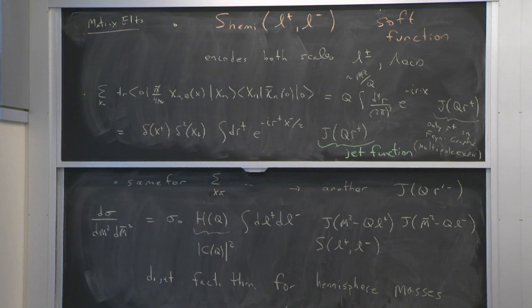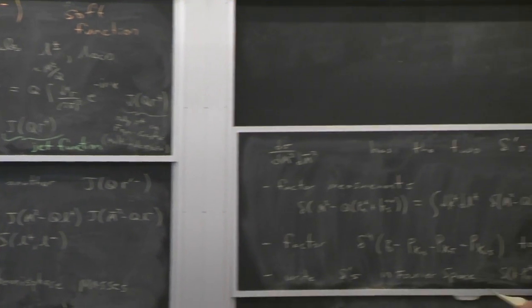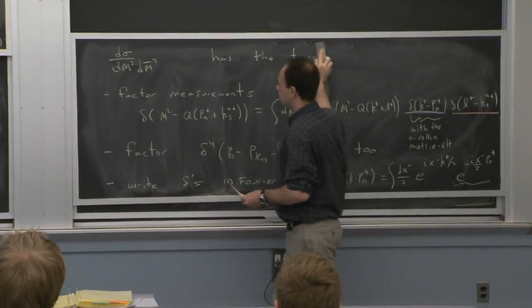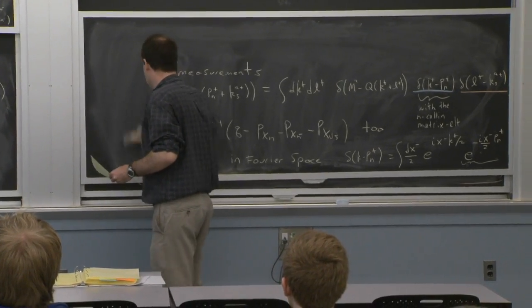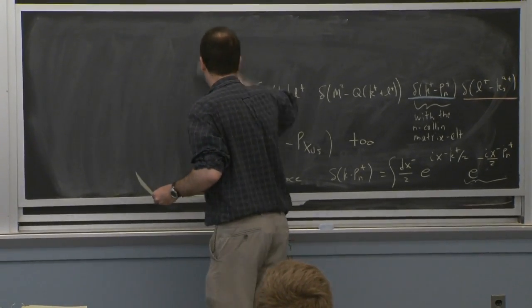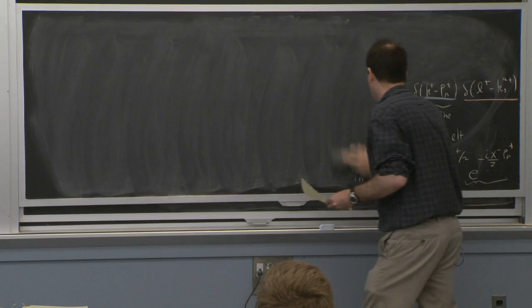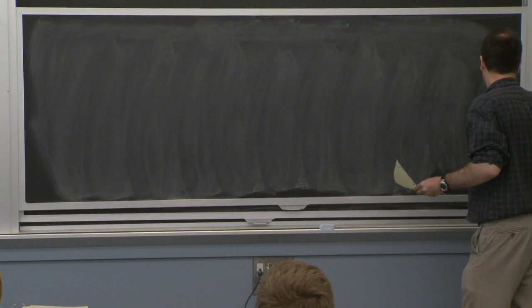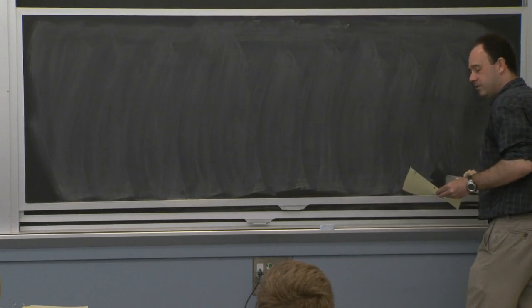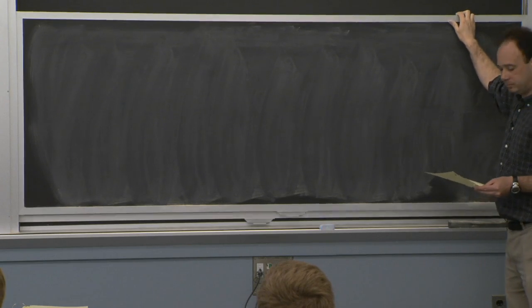There's more than one way of measuring an event to ensure you have dijets. There's something called dijet event shapes. They go under the names of things like thrust, C parameter, heavy jet mass. All of these things actually have factorization theorems that you could derive in a similar way to what we're doing here.